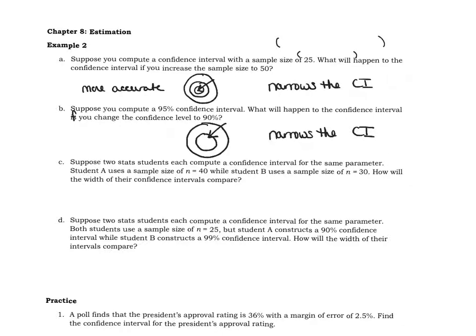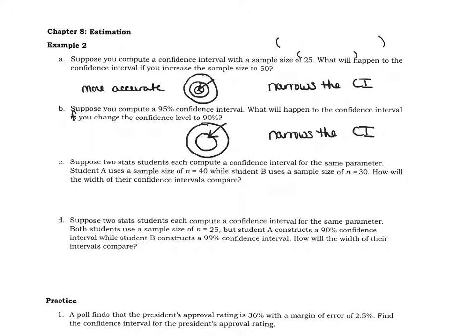All right, two stat students each compute a confidence interval for the exact same parameter. Student A uses a sample size of 40, student B uses a sample size of 30. How will the widths of their confidence intervals compare? Okay, so I'm going to rephrase it this way, especially for a video. Whose interval will be narrower? Who will have less error?